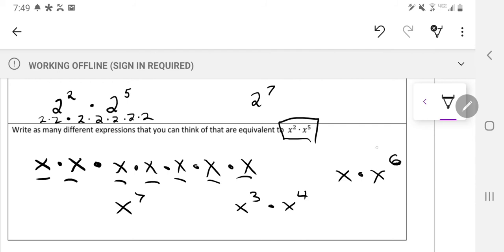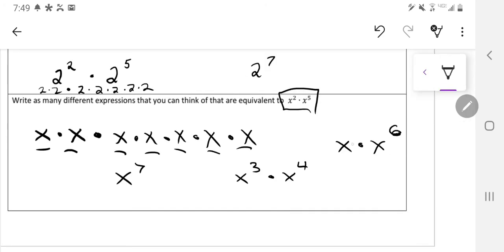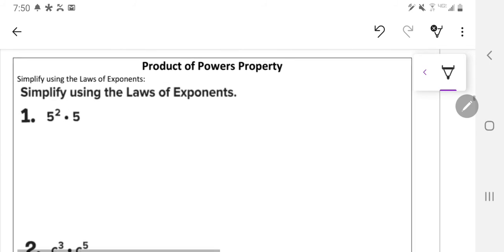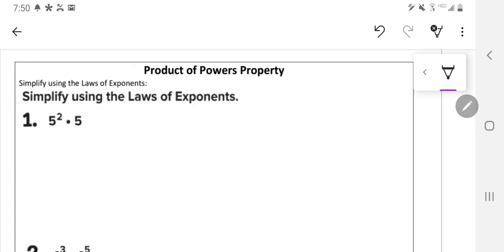That's tricky. Wait, why is that x to the 7th? It looks like just x to the 6th. Well, if a base does not have an exponent, we just assume it's a 1. Right? So there's 1 x as a factor there, and then plus 6, x is used as a factor. And that gives us that total of 7 x's. All right, so that's a little bit behind the rule. Now we're going to practice. All right, pause, try this one and see if you get it, and then unpause and fix.